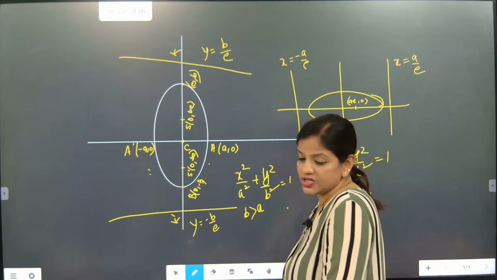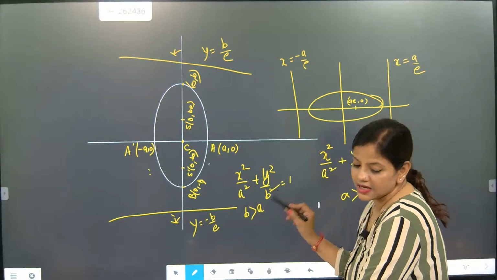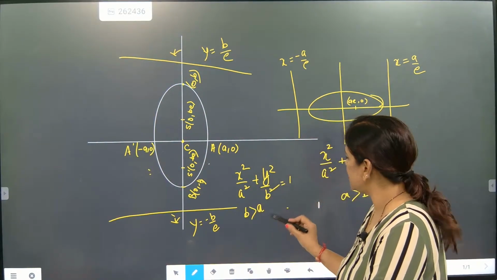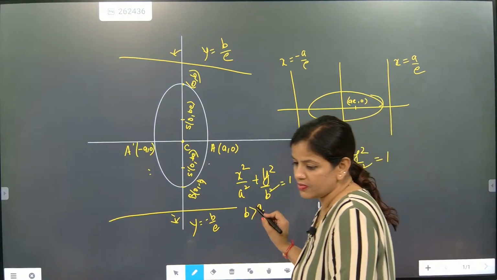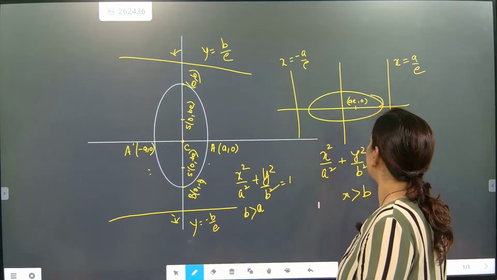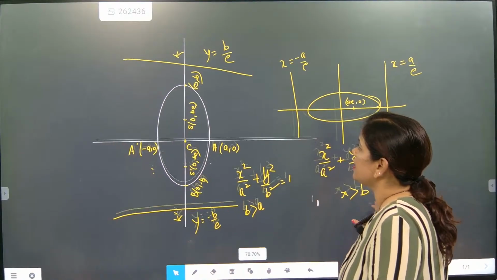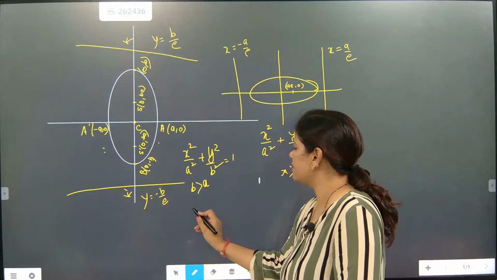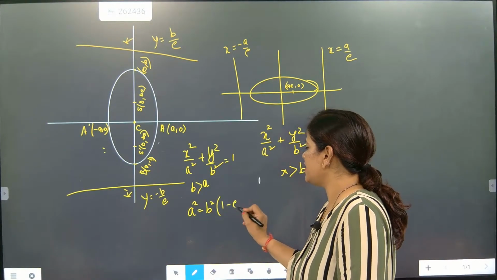So this is the major difference. Here A is greater than B, here B is greater than A. This you must remember. Now the next important point. Here A square will become A square is equal to B square into 1 minus E square.